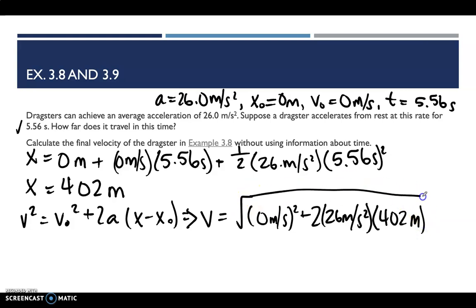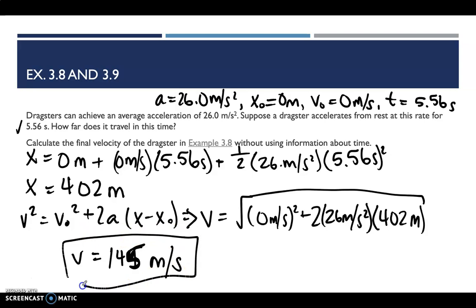Then we'll take the square root. So we have 2 times 26 times our answer from above, and then take that square root. So our final velocity is about 144 or 145, rounding, meters per second. So this is our final velocity of that dragster in 5.56 seconds.